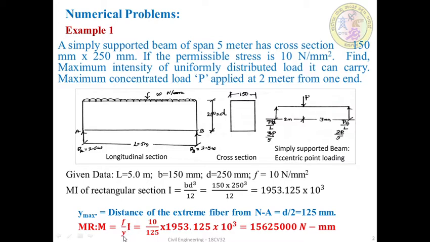I by y is nothing but the section modulus, and after substituting the values for I as well as y maximum and the stress as 10 Newton per millimeter square, we get the moment as 15625,000 Newton millimeters.